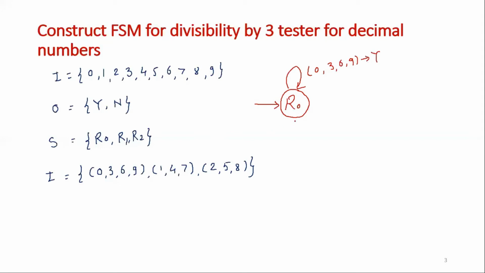Then in R0, if I get input as 147 and if I divide 147 by 3, I'll get remainder as 1 and output will be no. So here state is R1 and here input is 147.